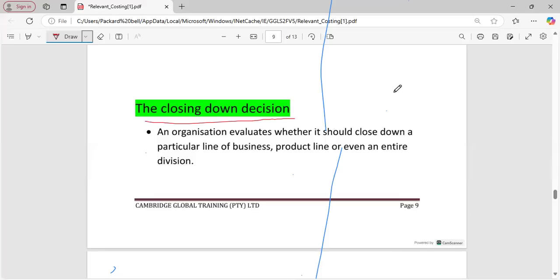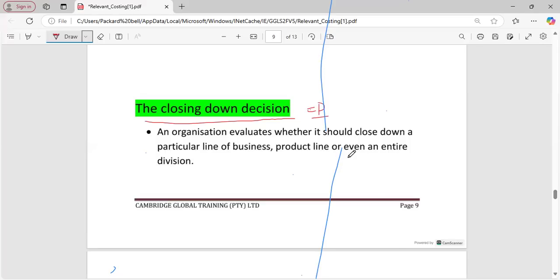The cost of continuing and the cost of closing down is what we are going to compare here. We are going to discontinue, but in your question there are 2 criteria you can have. Sometimes they may not give you the cost of continuing. They just give you the financial information about the company.